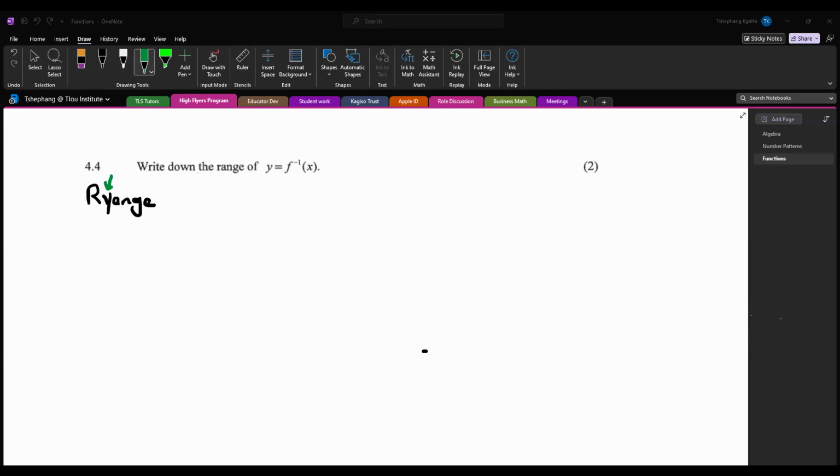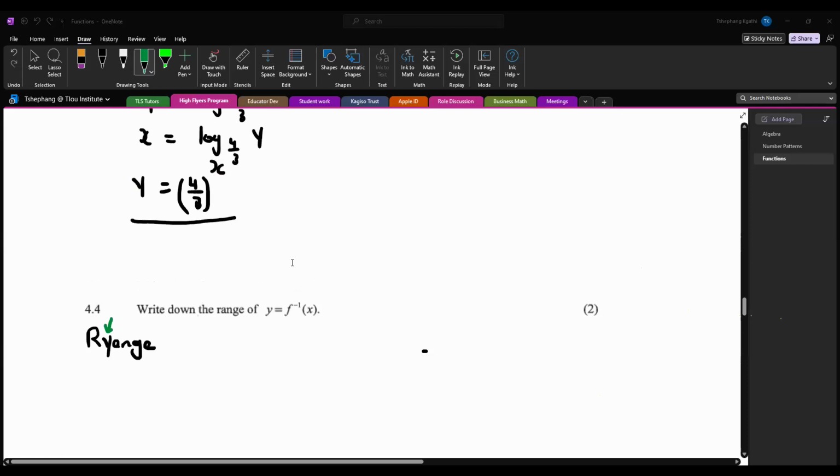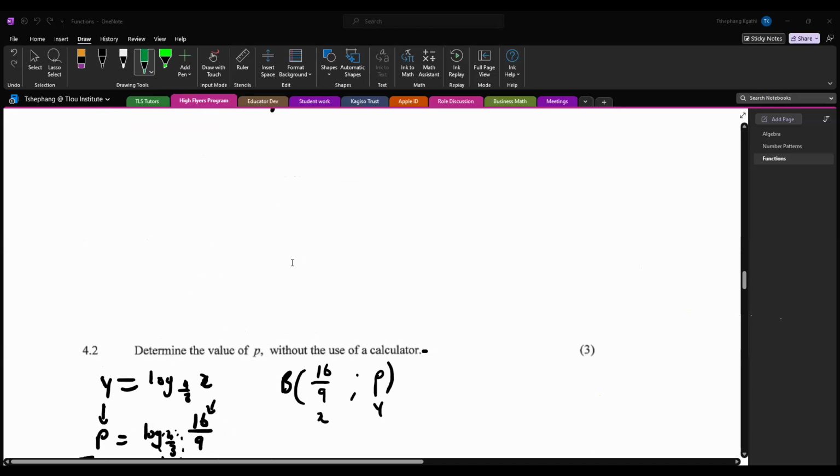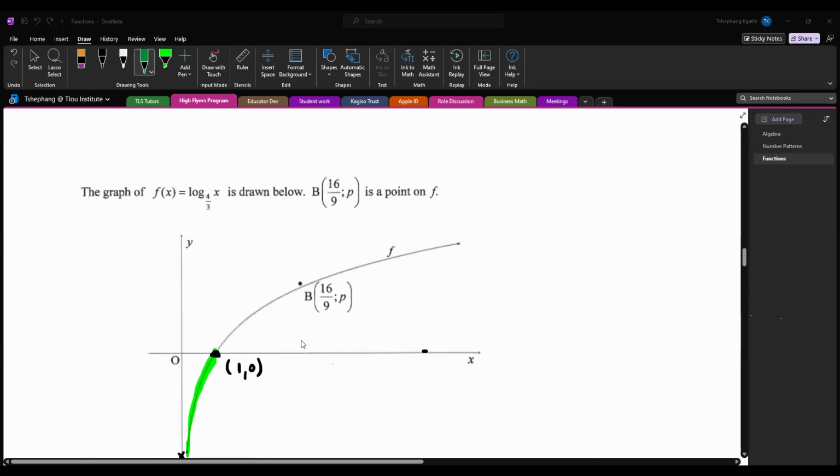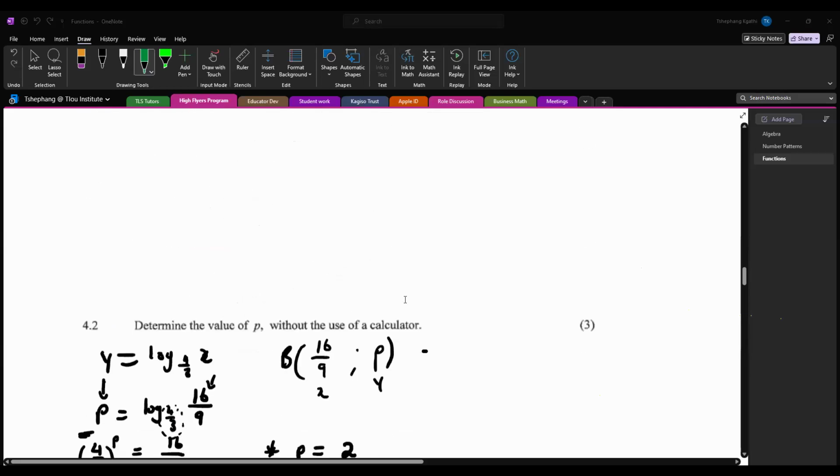Now, the y values where our graph exists, in other words. I nearly made a big mistake. I nearly gave them the original function, and that's not what they're asking.